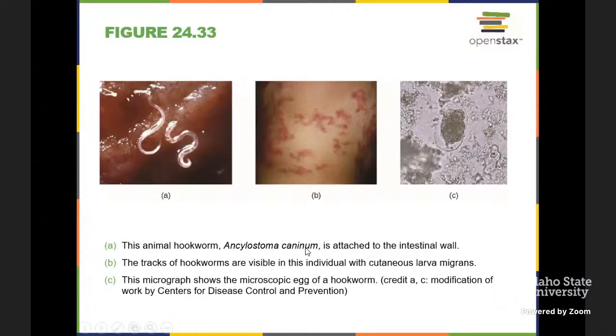Ancylostoma. These are types of hookworms. Ancylostoma caninum is one that wants to infect dogs, not people. It can infect us, but it can't migrate through our tissues into the intestines where they'd really like to be.